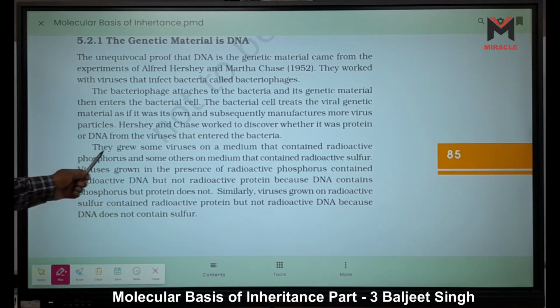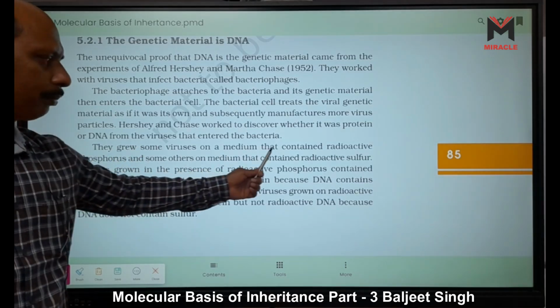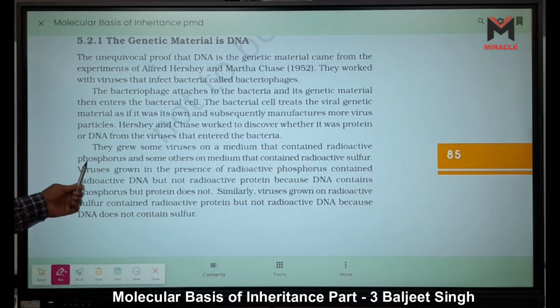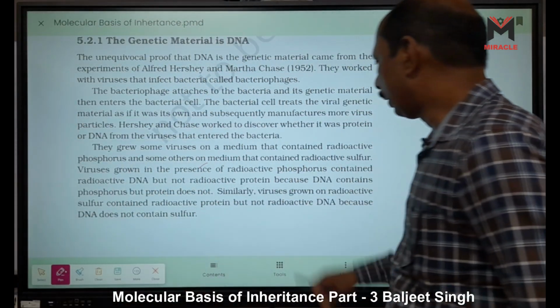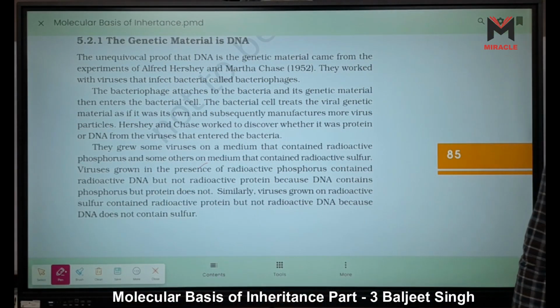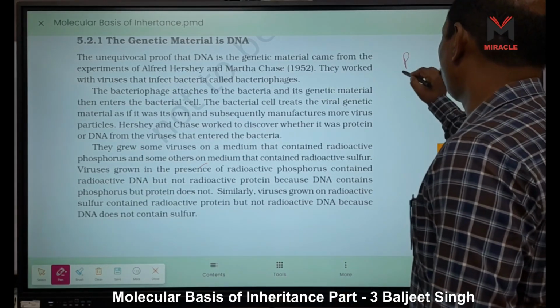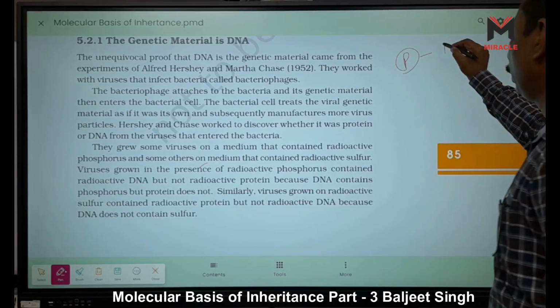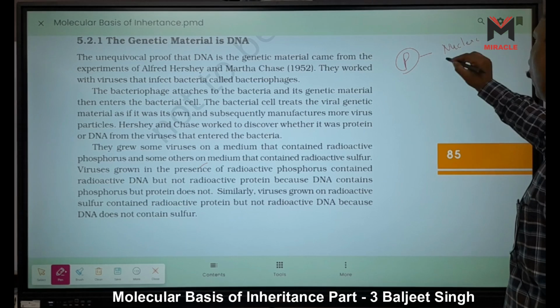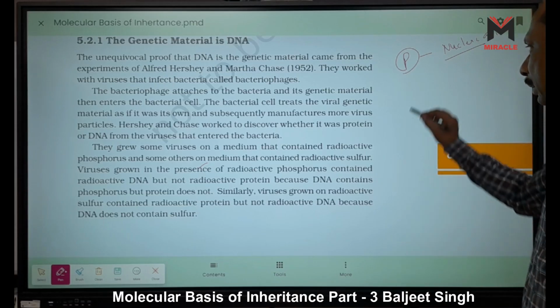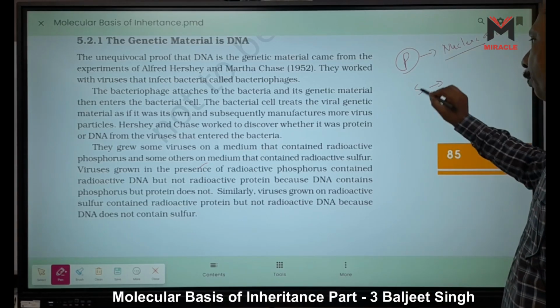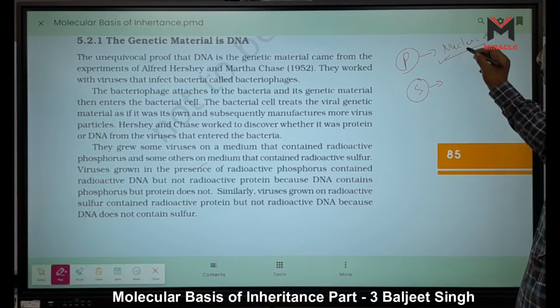They grew some viruses on a medium that contained radioactive phosphorus and others on a medium that contained radioactive sulfur. We know very well that phosphorus is present in nucleic acid, but phosphorus is not present in protein, and sulfur is never present in nucleic acid.